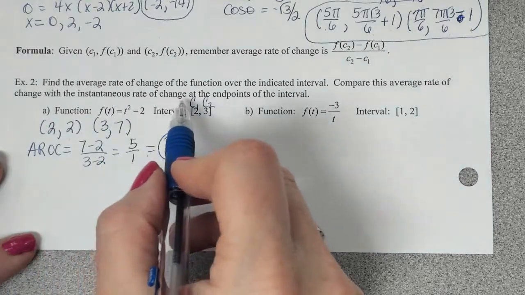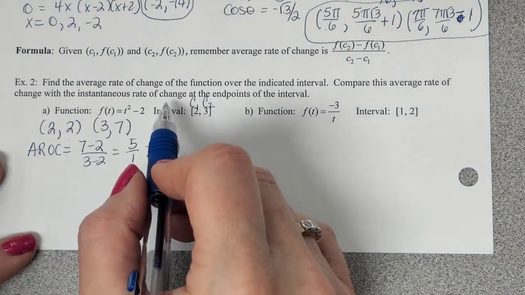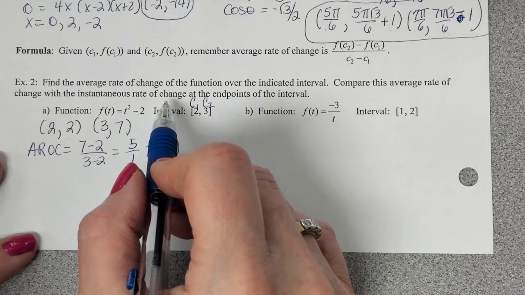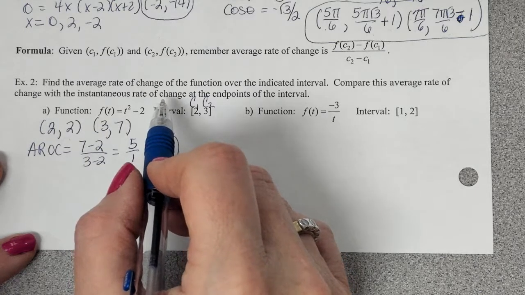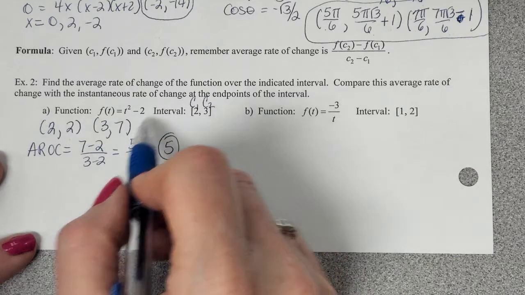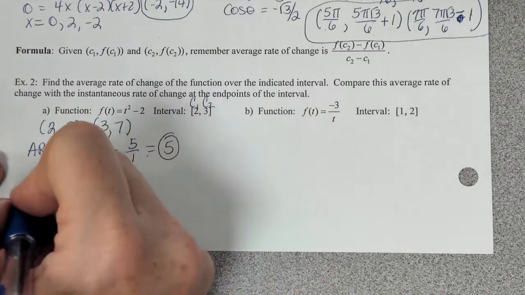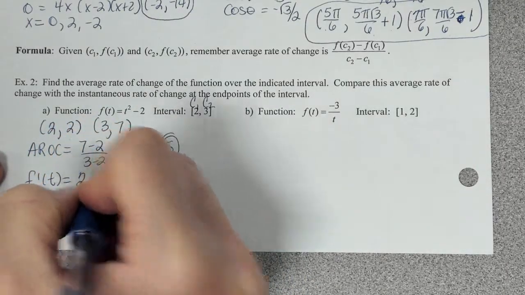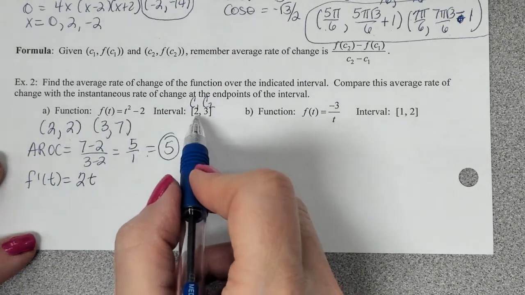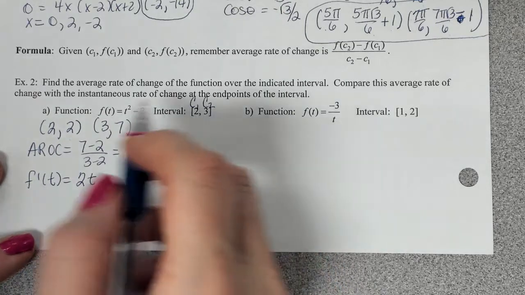5 is the average rate of change. The instantaneous rate of change, we just did that in the Kahoot. What's the instantaneous rate of change? The same thing as slope, which is the same thing as derivative. Okay? So now I have to find the derivative of this. So the derivative is going to be 2t. So I want to find the instantaneous rate of change at 2.